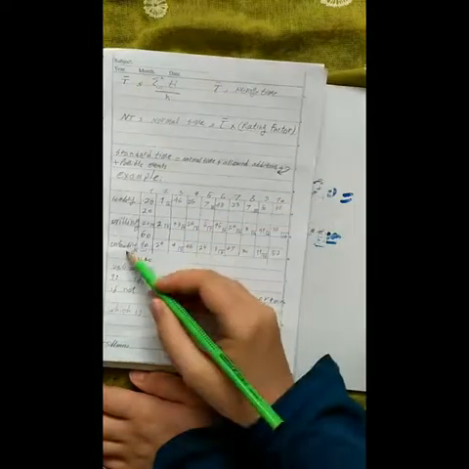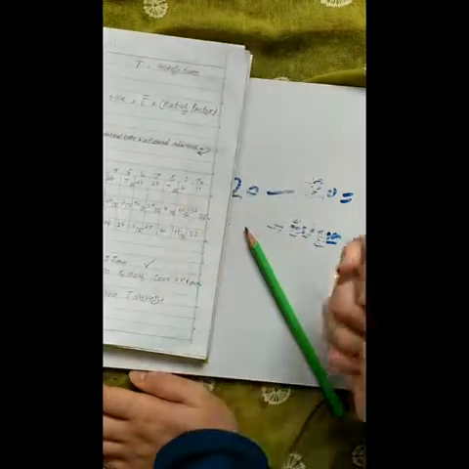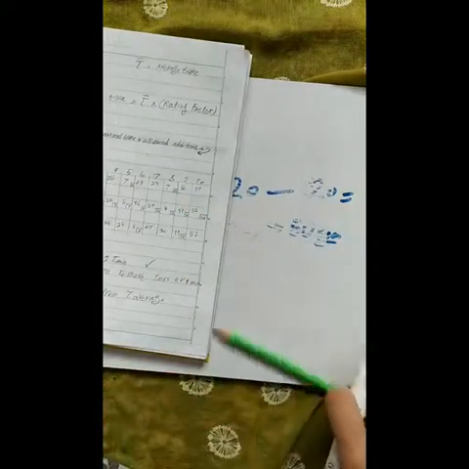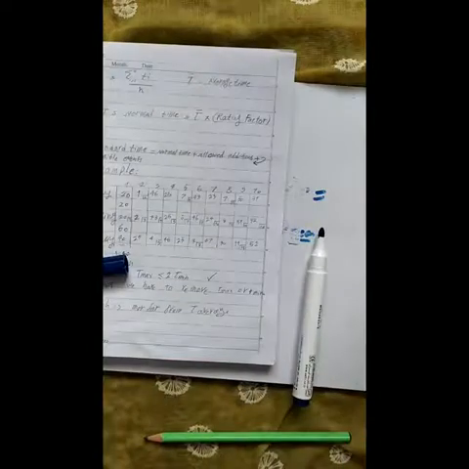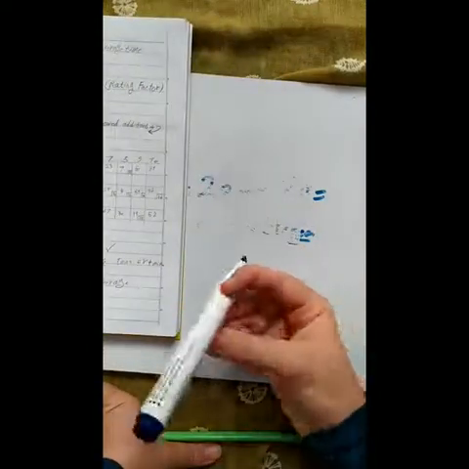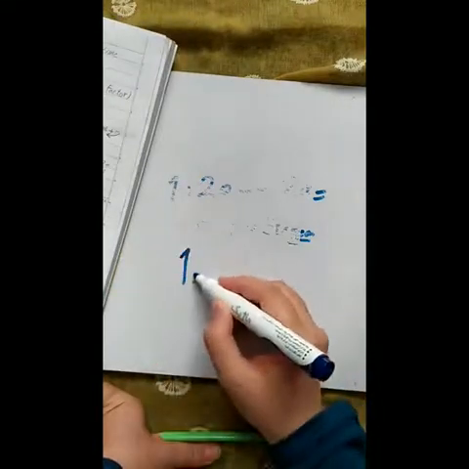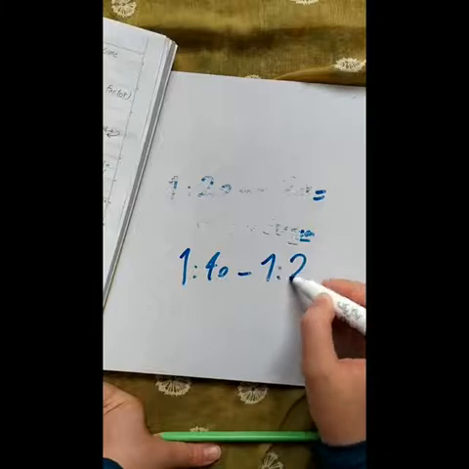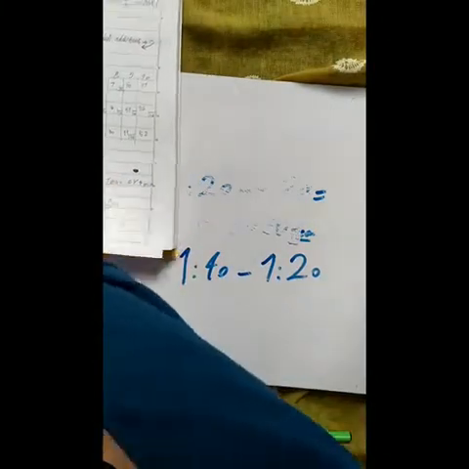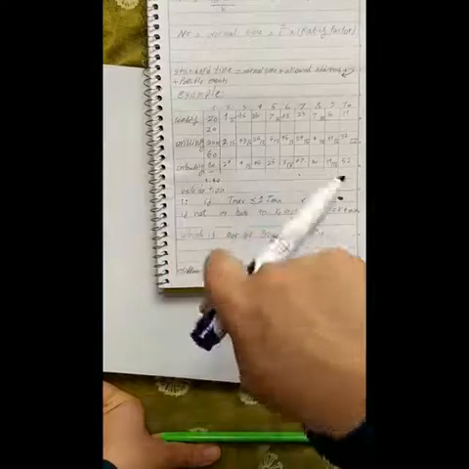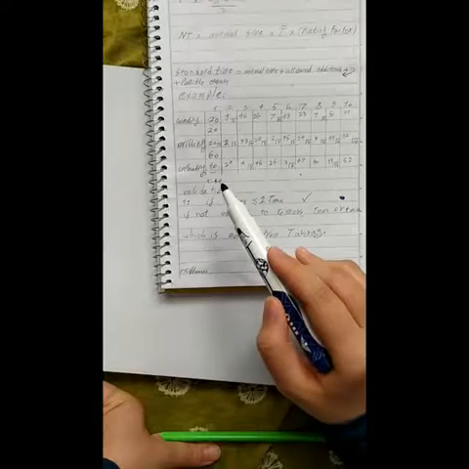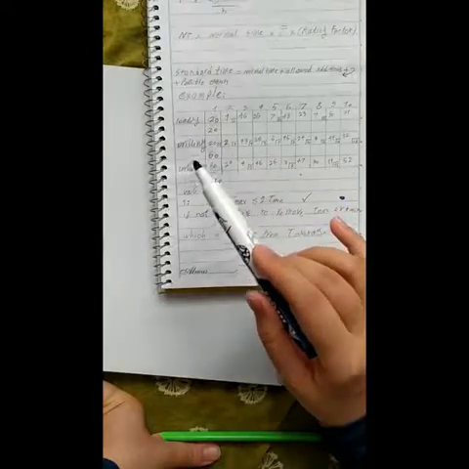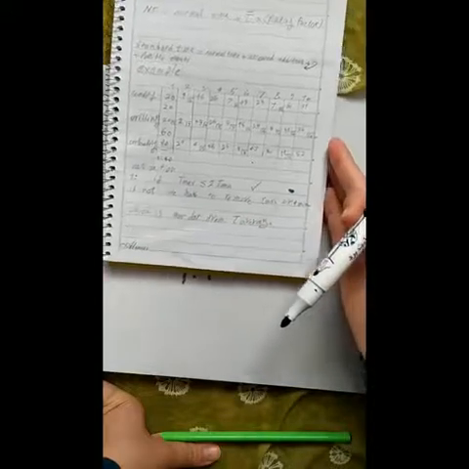So for calculating unloading itself, we have to do this. So I have to write it here. We said that 40 here means 1 minute and 40, and this meant 1 minute and 20.